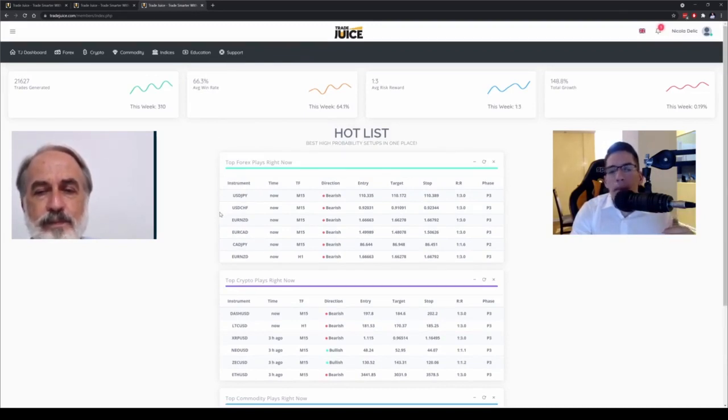So if some pair started to drop down in performance, it's automatically going to be cut from our main list. People will never know it.